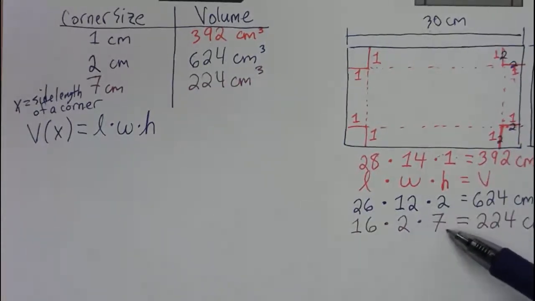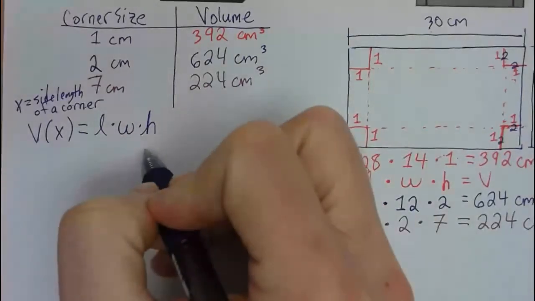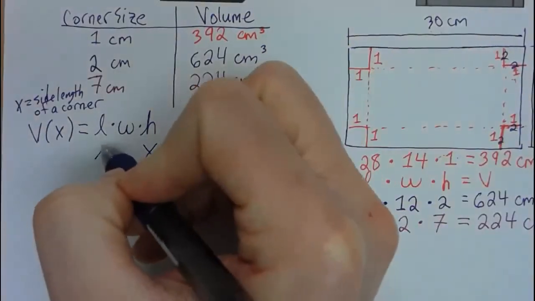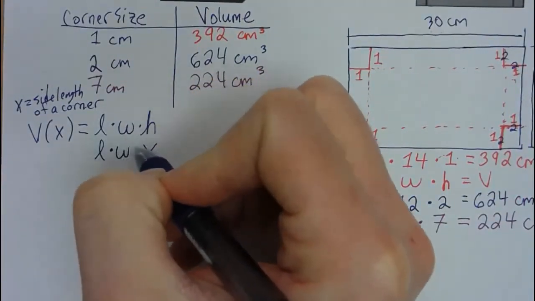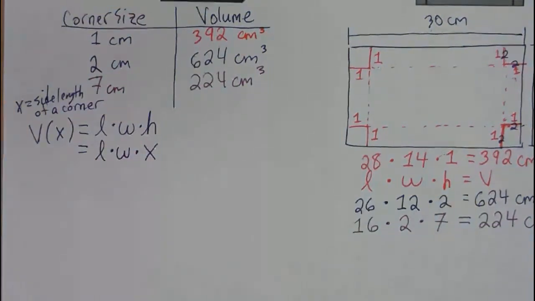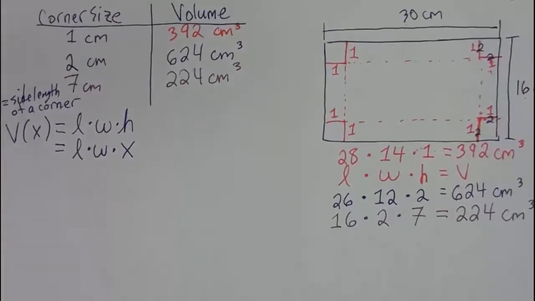And when it was 7, it was 7. So our height is just going to be whatever our x corner size is. The hard part is getting length and width for this volume equation. Now we know the maximum our length and width can be are 30, and we also know that it's 16 right there.